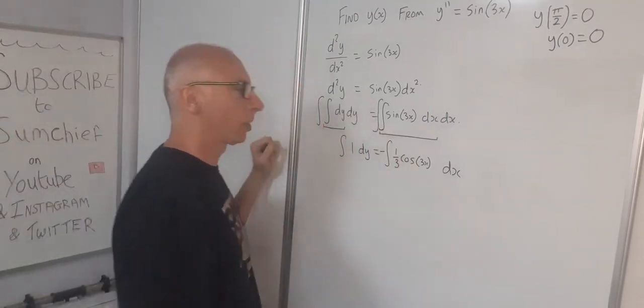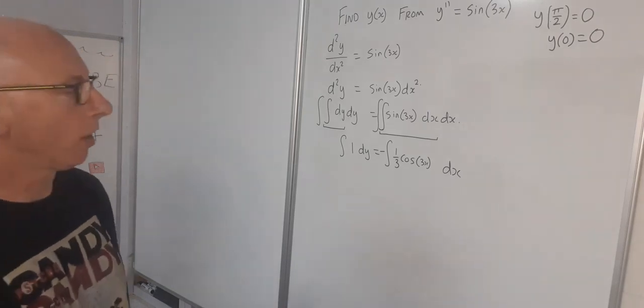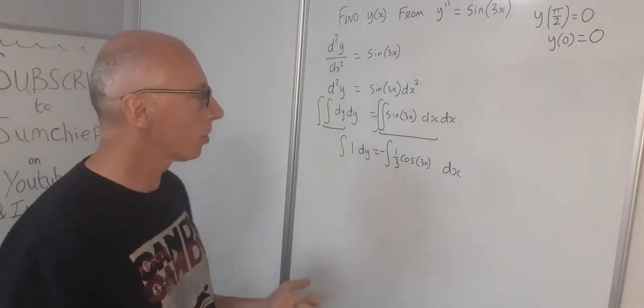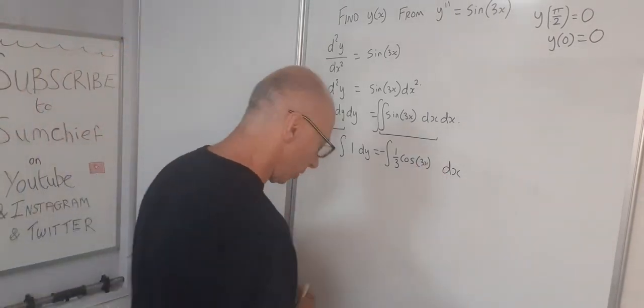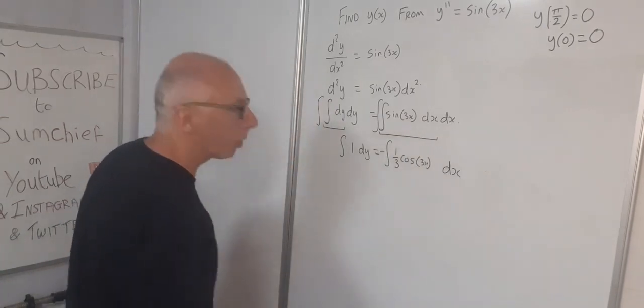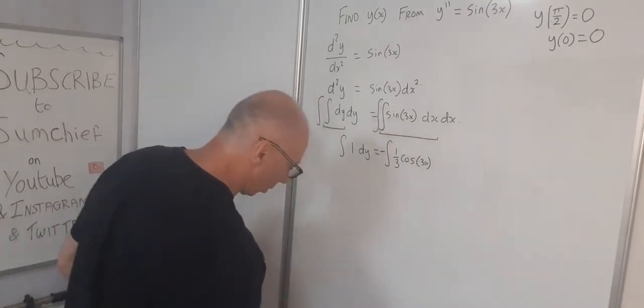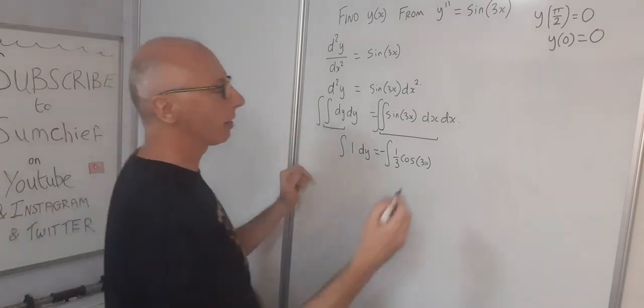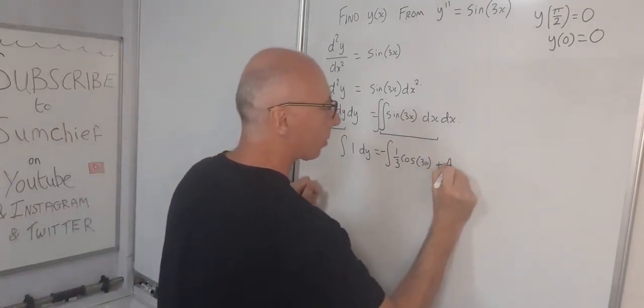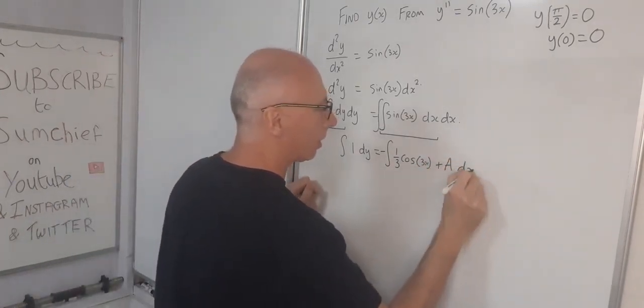So minus 1/3 cosine 3x. And then, not forgetting our arbitrary constant, we need to add on a plus c, but in this case I'm going to use the letter a. You can use any letters that you like. So plus a, dx.